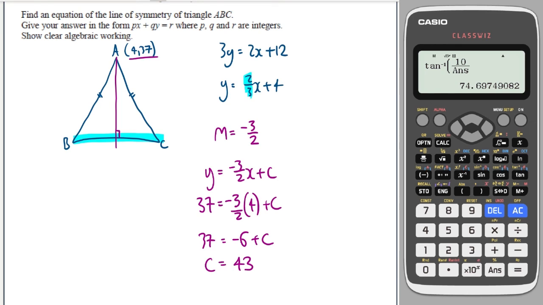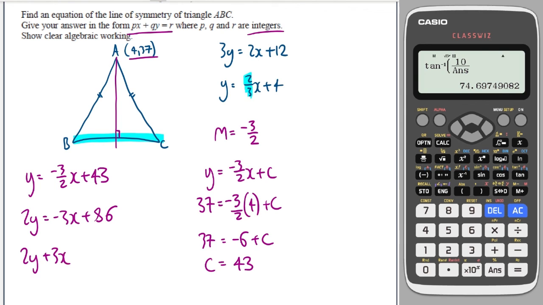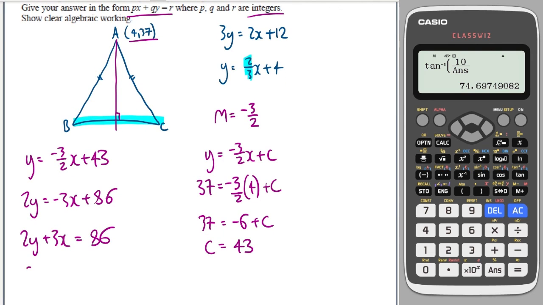Okay, so my equation of the line is y equals minus 3 over 2x plus 43. I want it in this form where they're all integers, so I'm going to times through by 2 to get this, and I want the x's and the y's on the same side, so I'm going to bring them over to this side, and that's good. And I think they want the x first, so just being pedantic, put it like that.